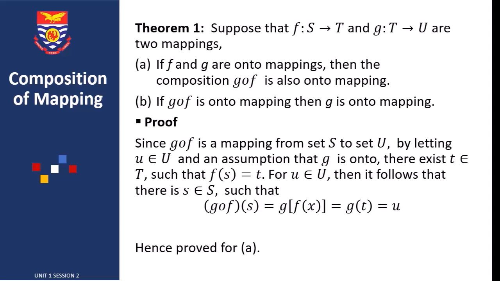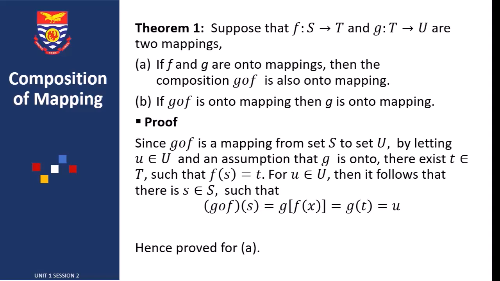Now for u being a member of U, it follows that there exists s, also a member of capital X, such that the composite function g of f of x equals g, take input of f of x and it goes to g of t, and the result is u.